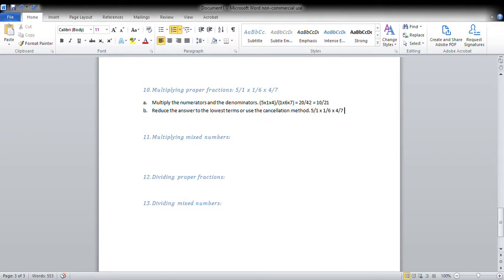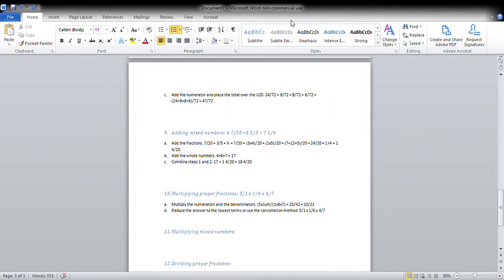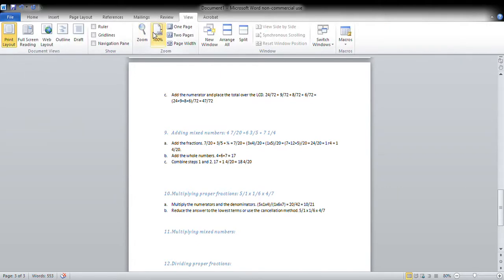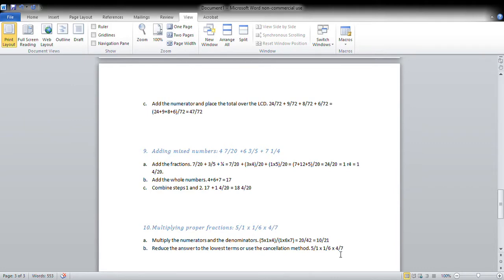We can look at this and know that this numerator 4 is divisible by the same number as this denominator.